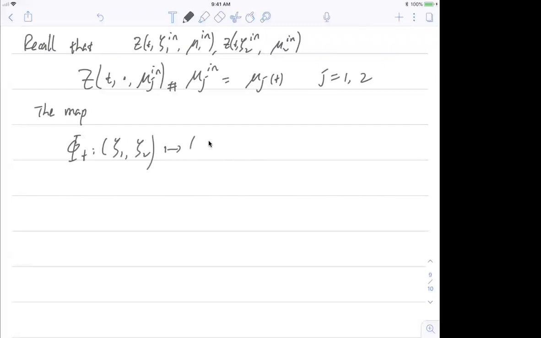Phi t just sends them to xi 1, sorry, t initial data. I don't need to put a real initial there. So mu1 initial, Z t, xi mu2 initial.